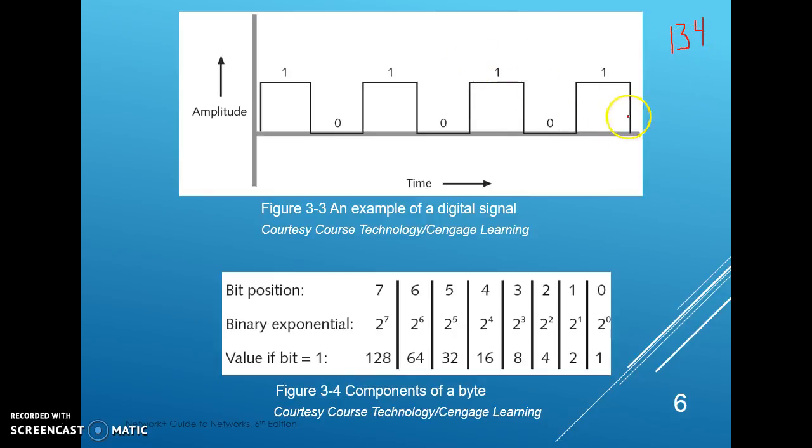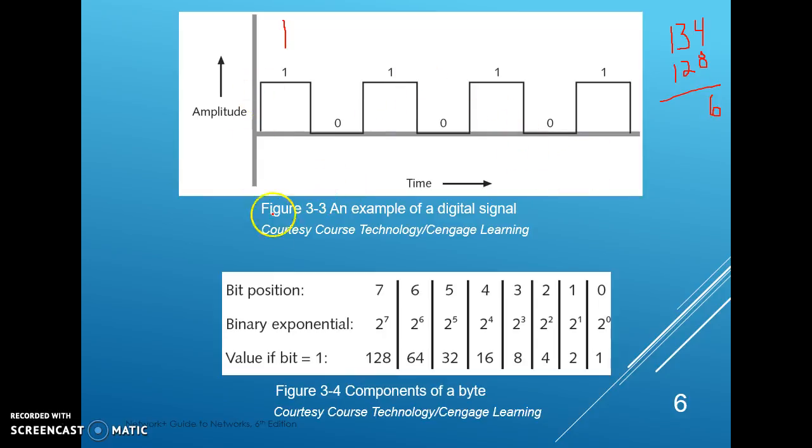Well, you ask yourself some simple questions. Start from left to right. Does this column here fit into 134? And you'll say, oh, yes, it does. So, okay, 1. We take that 128 and subtract it from the 134, and that equals 6.